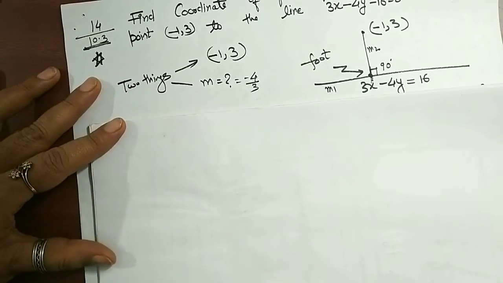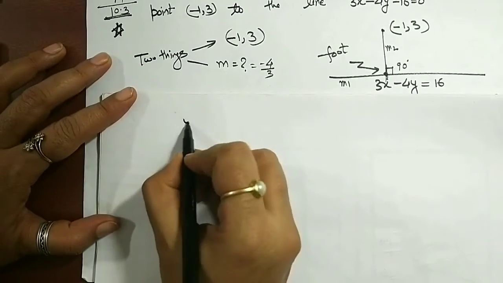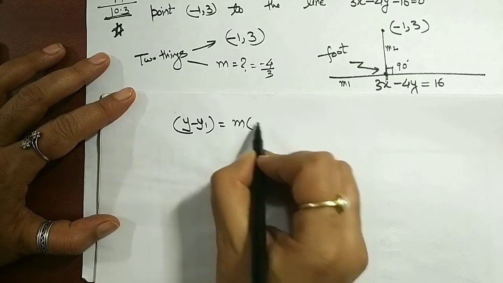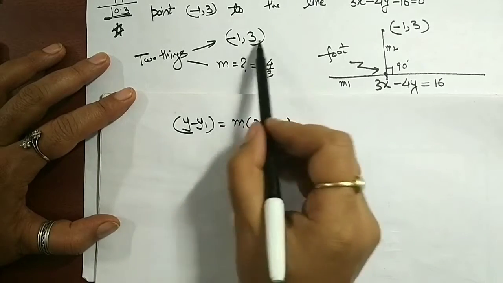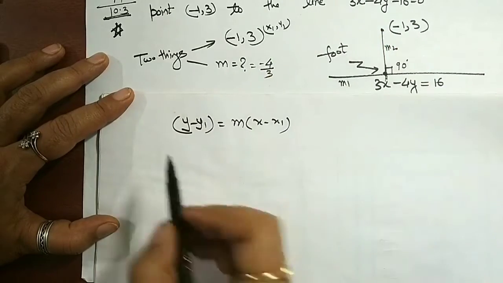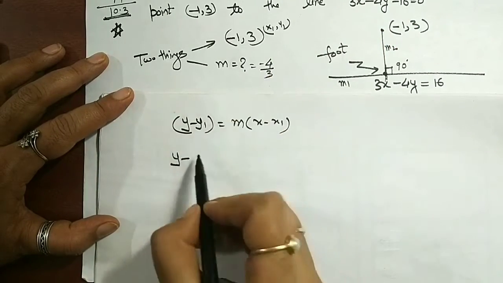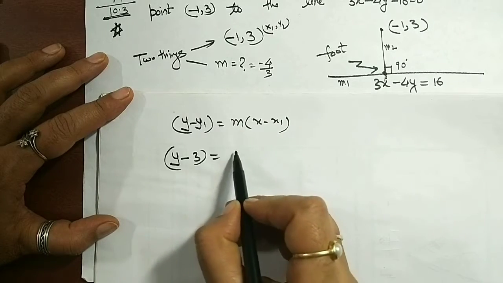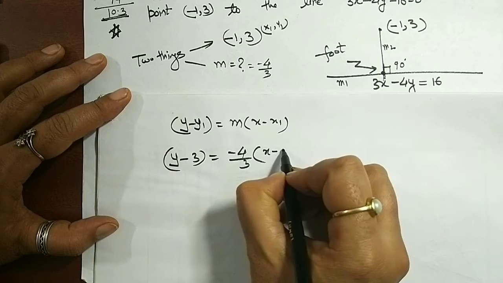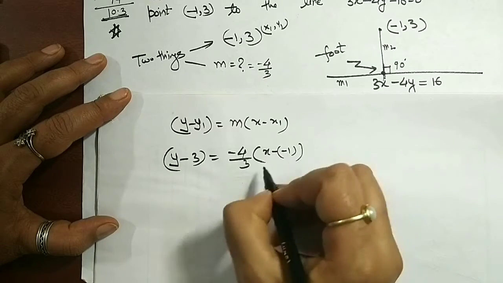Right. The equation of line is y minus y1 is equal to m into x minus x1. So these are the points. This is my x1 and y1. Correct. So y minus y1 is 3. m is minus 4 by 3 into x minus x1, which is minus of minus 1.